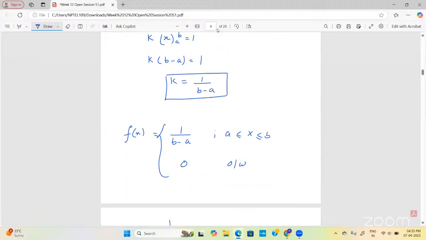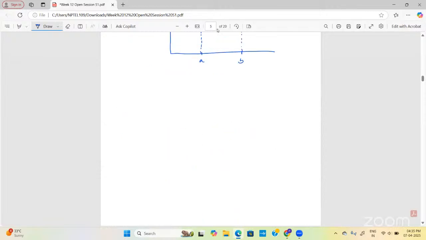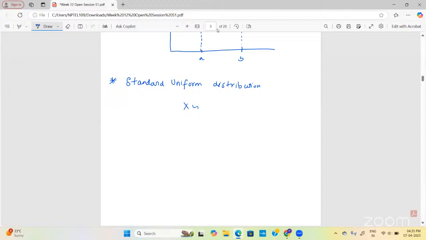Now we will see the standard uniform distribution. In standard uniform distribution, x follows uniform (0, 1). So the lower limit is taken as 0 and the upper limit is taken as 1. This is the only change.